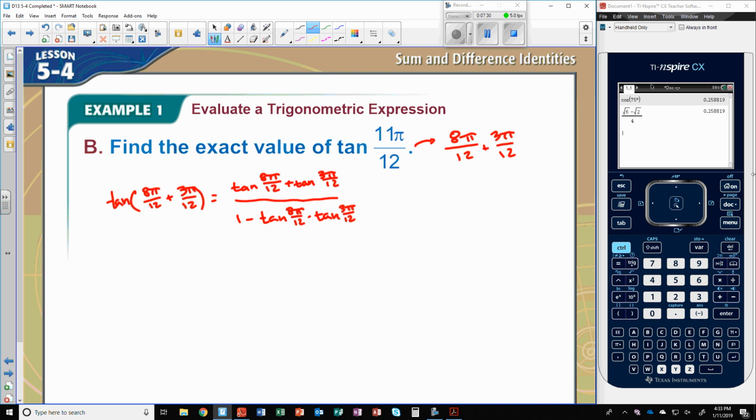Now, don't forget, this is not first quadrant. This is past half a pi. This is second quadrant. And in the second quadrant, according to our saying, all students take calculus, the y is positive and the x is negative, so tangent is going to be negative.